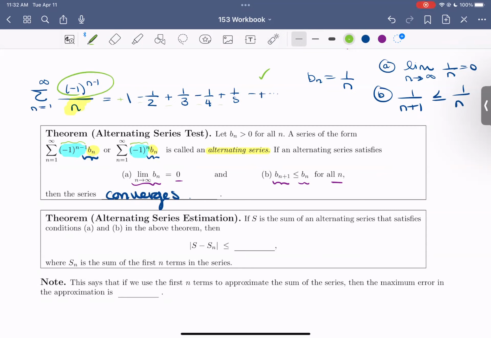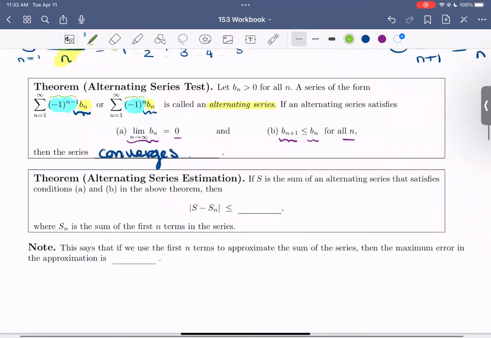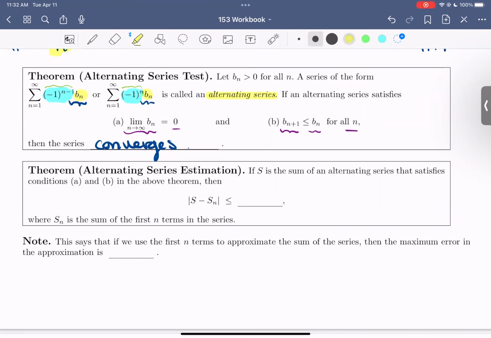Okay, but what's really neat about alternating series is that we also have an idea about how close we can get to finding that sum, the convergent value of our series. And that's stated here in our next theorem, the alternating series estimation.